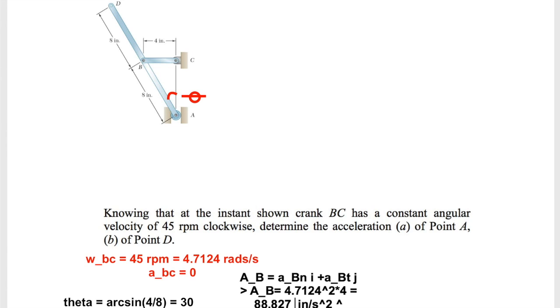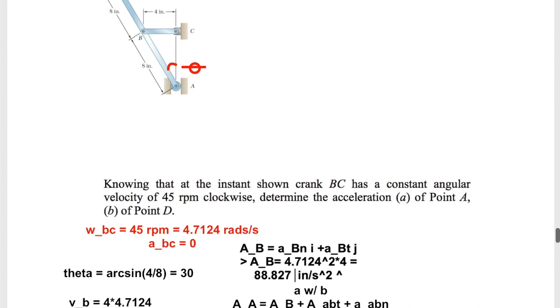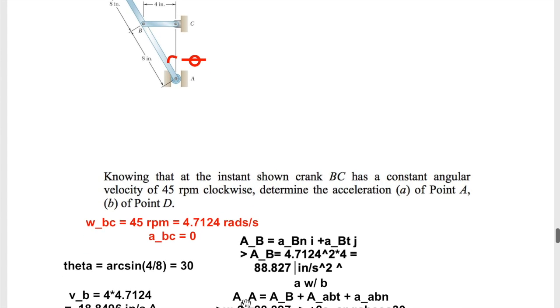We do the same thing with A with respect to B, and we set up the acceleration AB, the AB tangent plus the AB normal. We know that in the x direction, at A it has to be 0 since it's wedged between this and moving up.